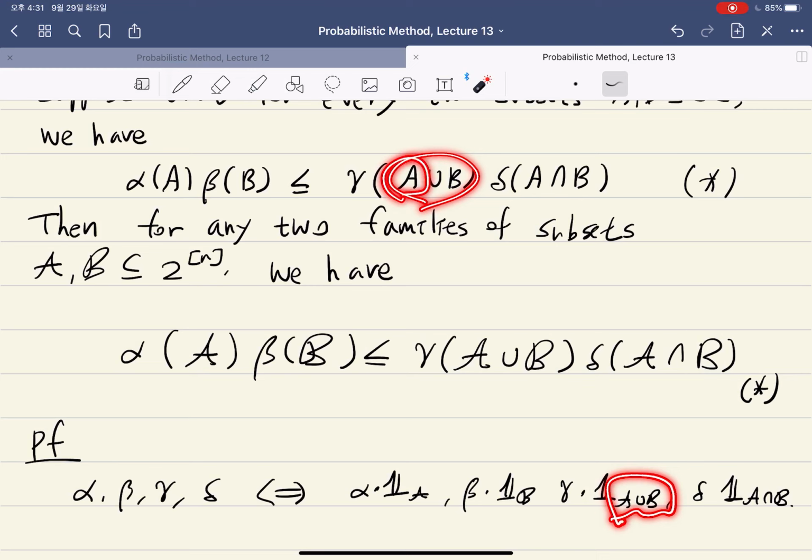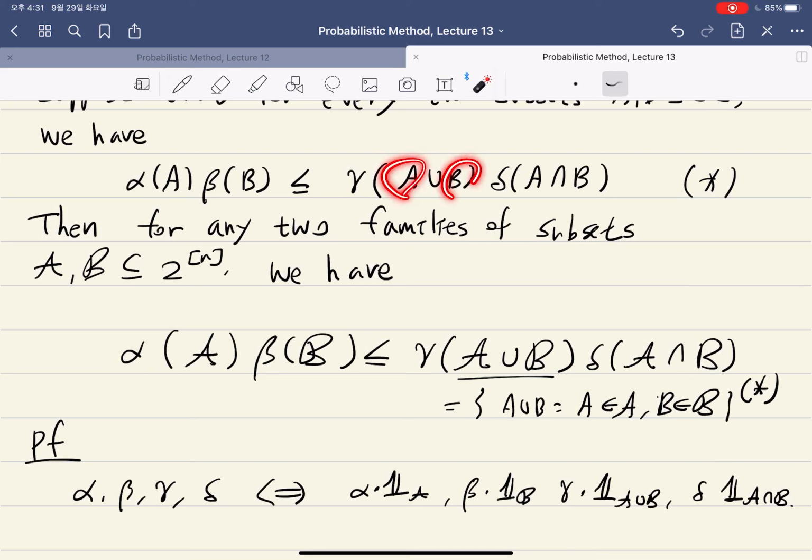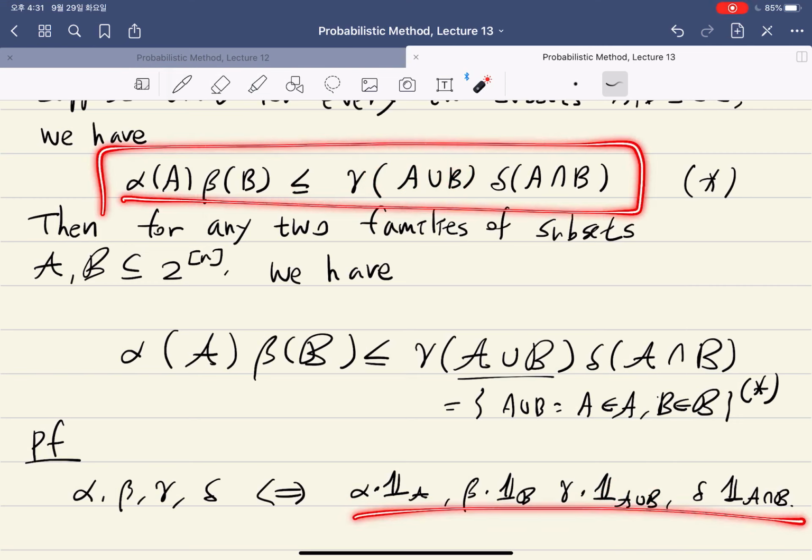That means this union of two sets is not in this collection, which is exactly A union B, where A is in this collection and B is in this collection. That means either A does not belong to here or B does not belong to here. In this case, one of these becomes 0 on here. So with this new function, this inequality still holds.